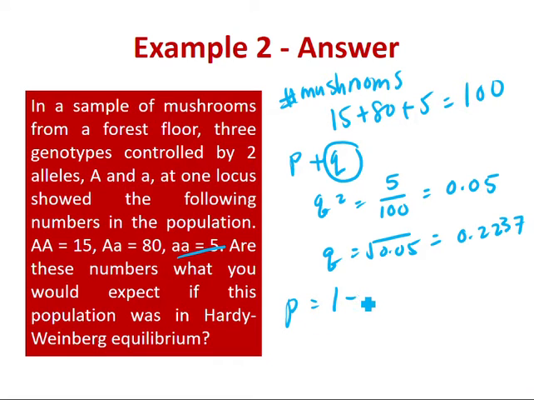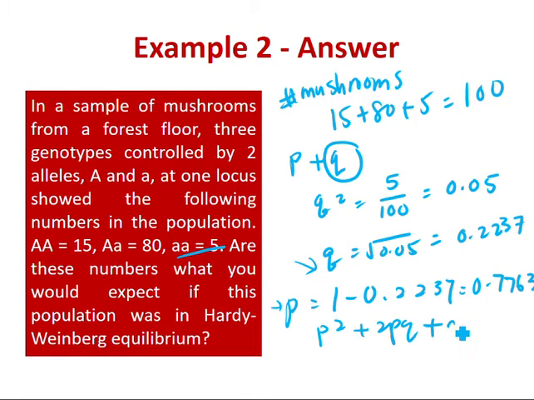P would be 1 minus 0.2237, which gives 0.7763. So now you know P and you already know Q, right? Now you use these values, P and Q, and compute them into P squared plus 2PQ plus Q squared.